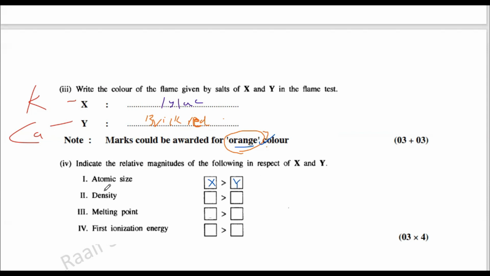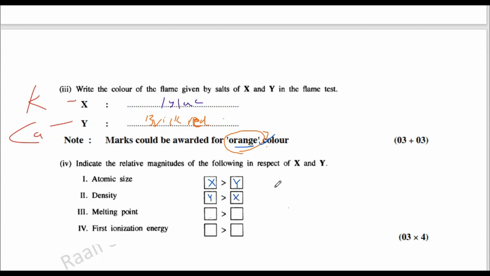For density, both are metals, so you check the strength of the metallic bonding. Calcium is a little smaller, with a higher number of electrons contributed to the metallic bonding electron sea. So calcium will be more dense than potassium.